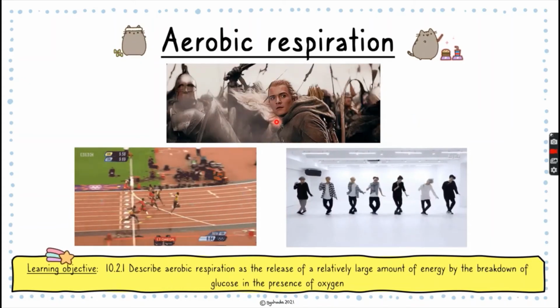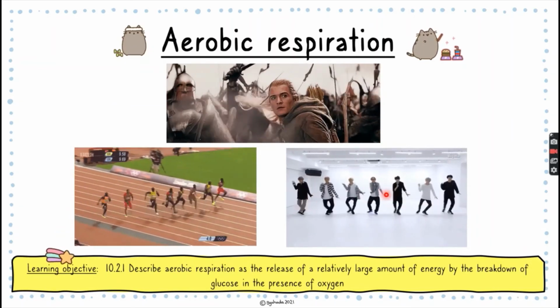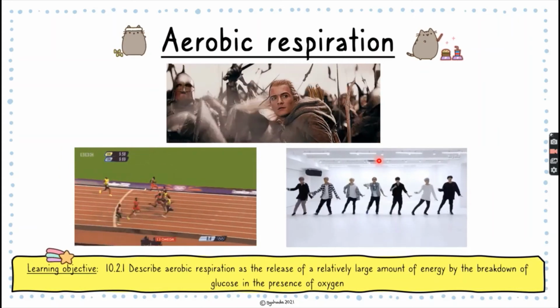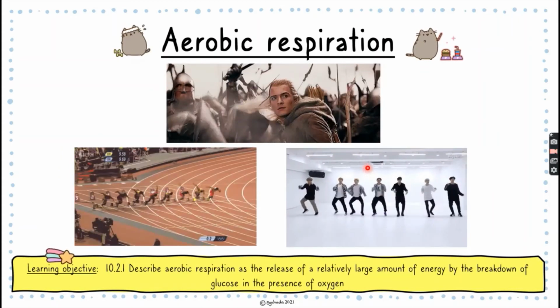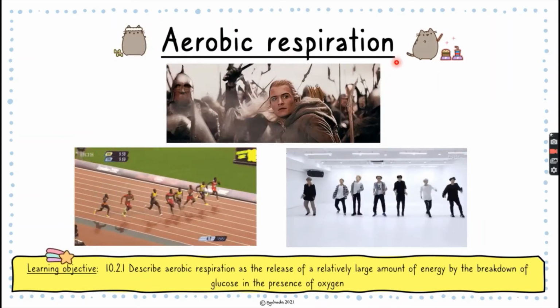There's your fight or flight, there's your running right here, and also dancing. So all of these activities require a high amount of energy, and you get initially high amounts of energy from aerobic respiration.